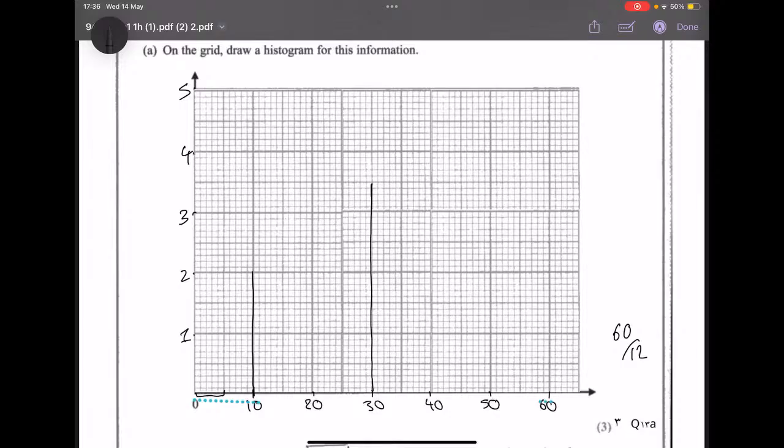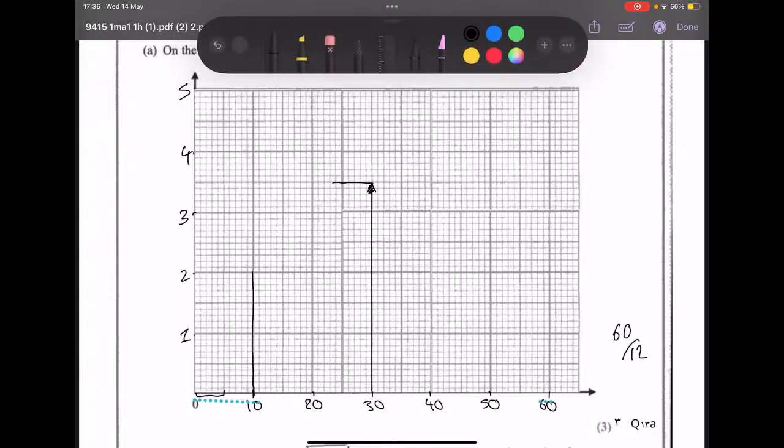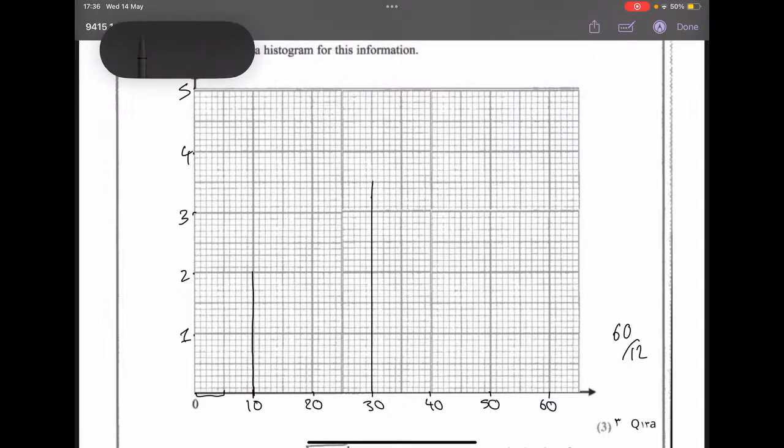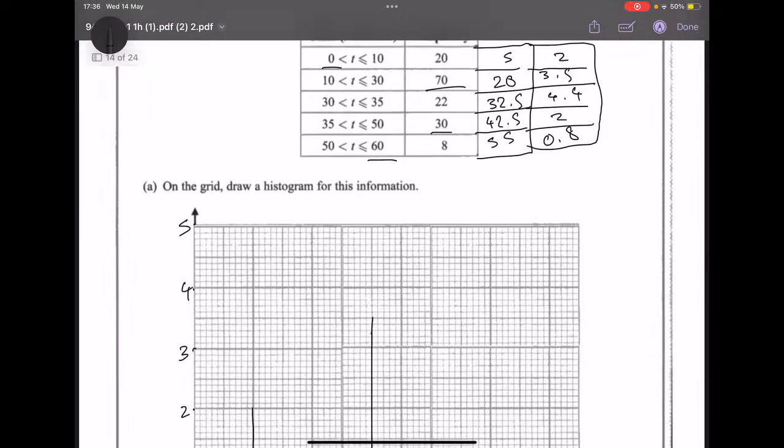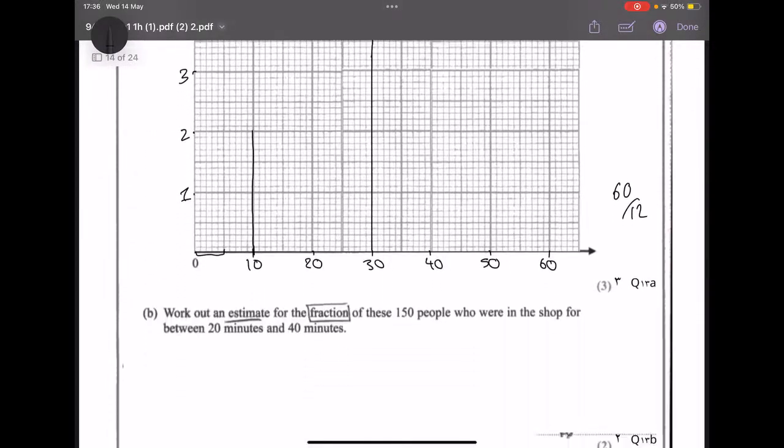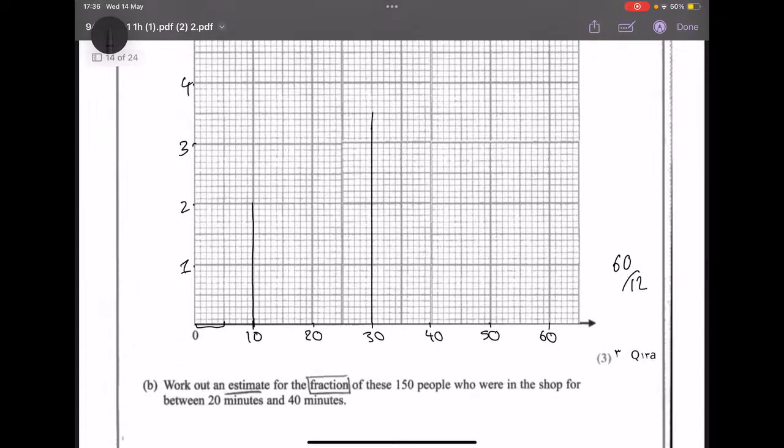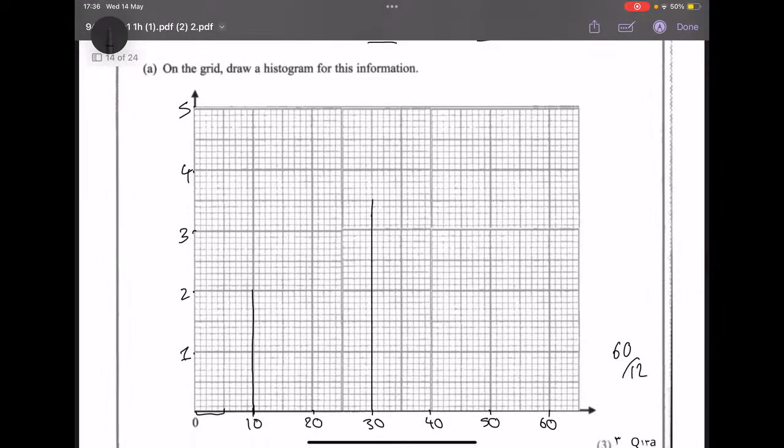So we'll just draw that in. We'll draw the rest of it in very quickly. This one goes up to 35 to 4.4.